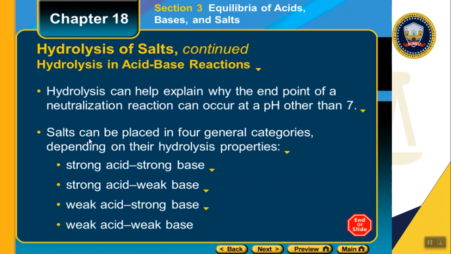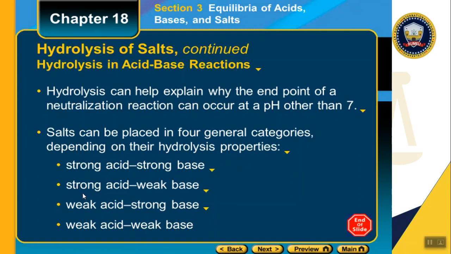So salts which will be produced from reaction between acid and base can be placed in 4 general categories depending on their hydrolysis properties. Hydrolysis properties of what? Of the salt. If these salts are formed from strong acid and strong base, there is no change in the pH, so there is no hydrolysis.